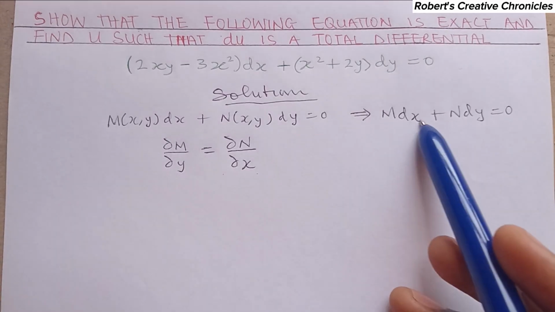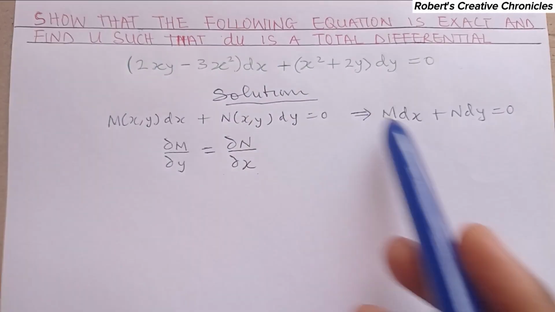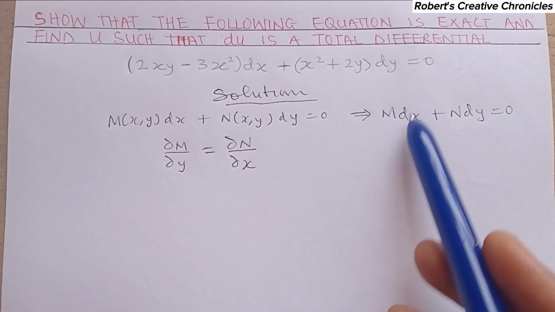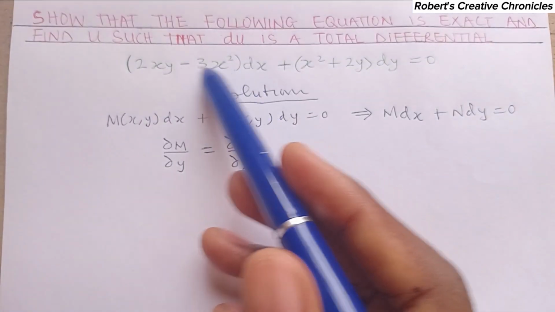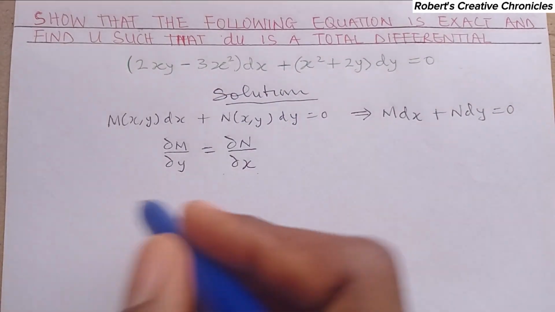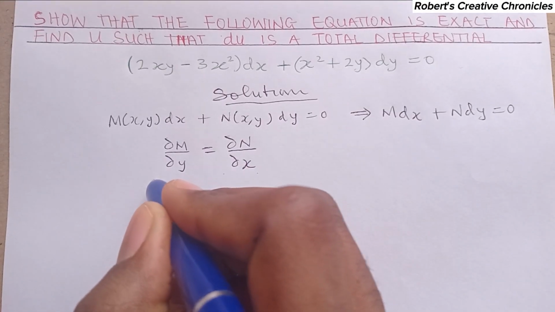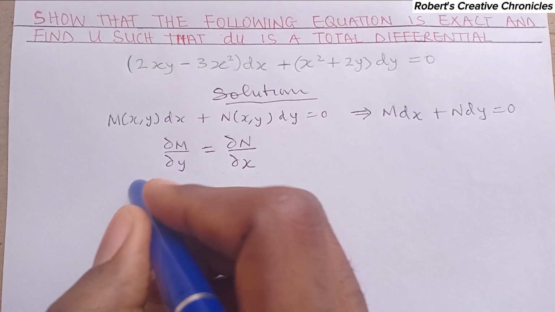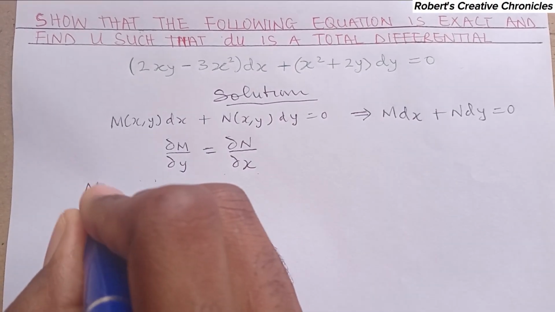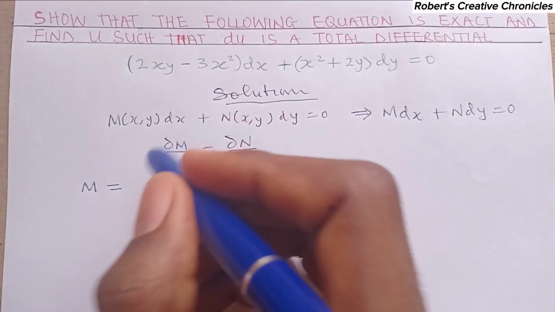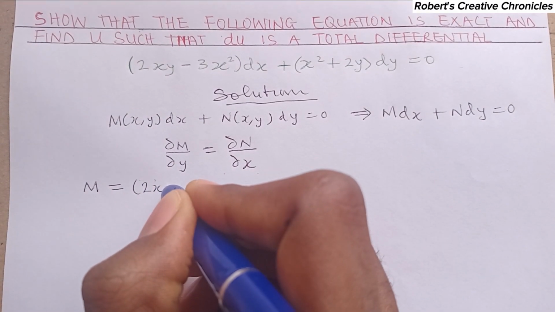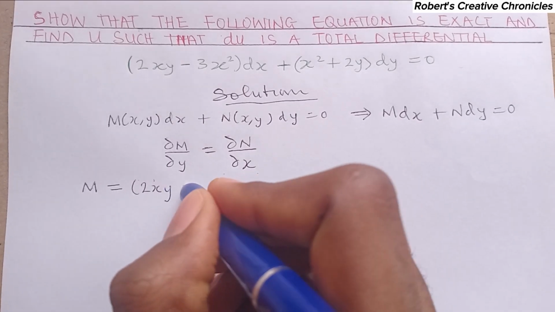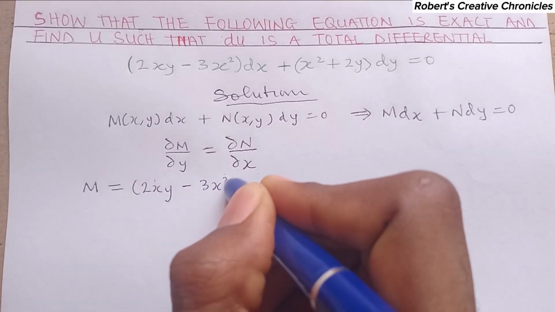So now let's compare this equation and this one. The coefficient of dx here is M, and the coefficient of dy here is N. So M is equal to 2xy minus 3x squared.